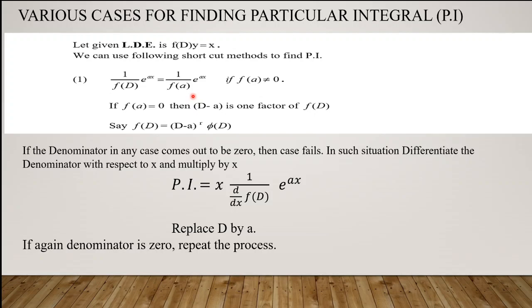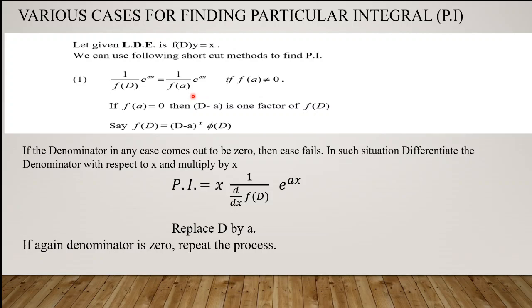is non-zero. Denominator is non-zero means we know that whenever we have to define a function or a particular finite value, it should not contain the denominator as 0. 1 upon 0 is a quantity which is known as undefined, undetermined, or for our simplicity we denote it by the symbol of infinity. 0 upon 1, 0 upon 1 crore is 0, but 1 crore upon 0 is not defined. 1 upon 0 is not defined.